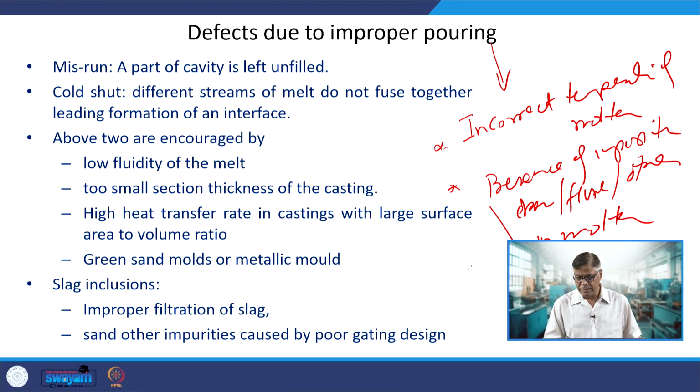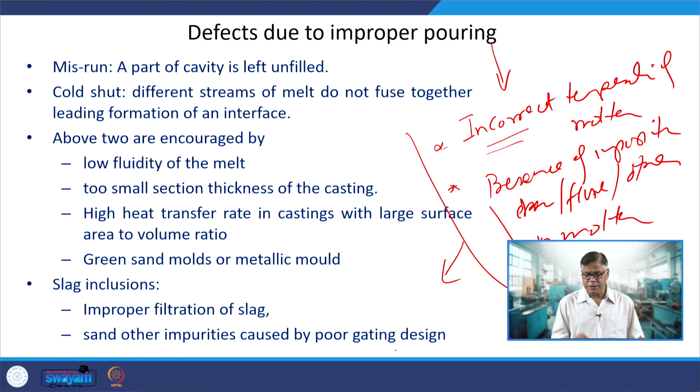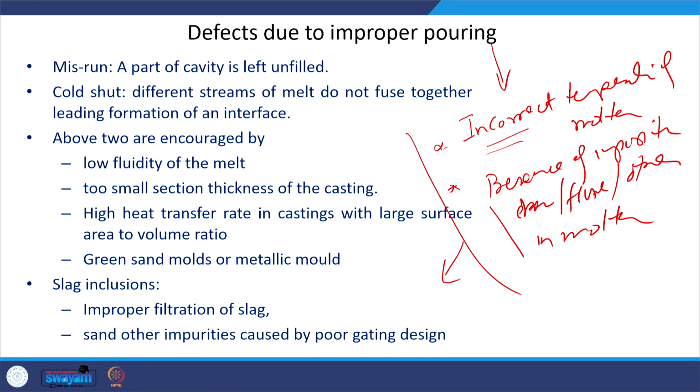This particularly happens due to limited or very poor filtration and improper control over the temperature. So, these are the two aspects that are responsible for the various types of defects due to improper pouring as far as the molten metal is concerned.